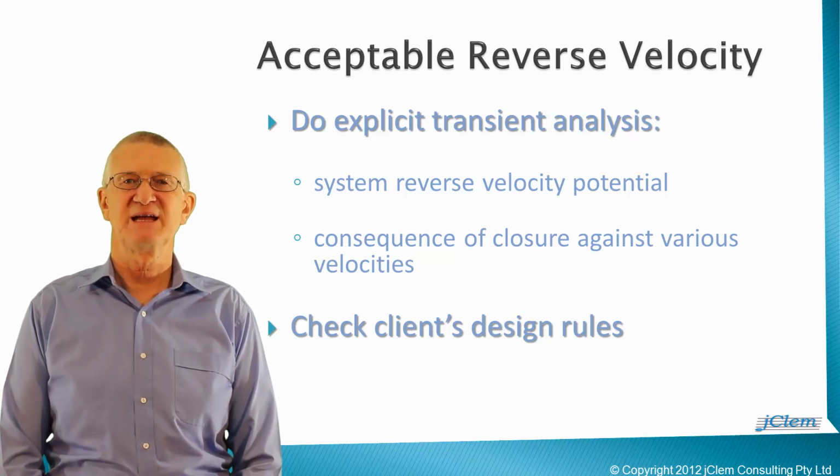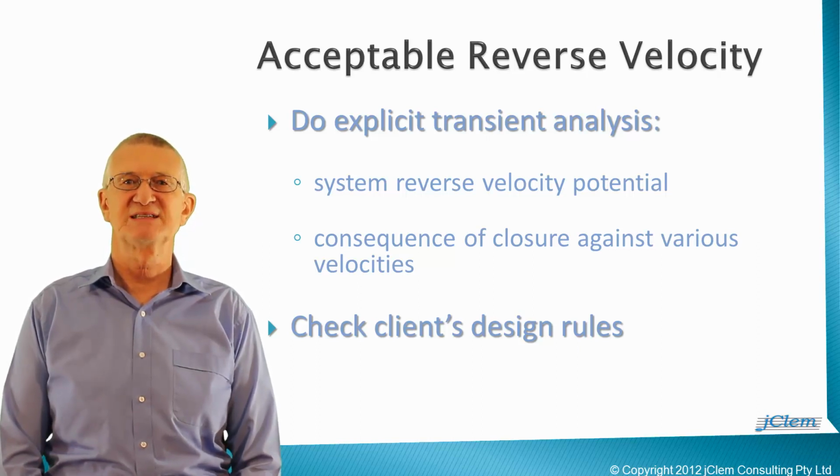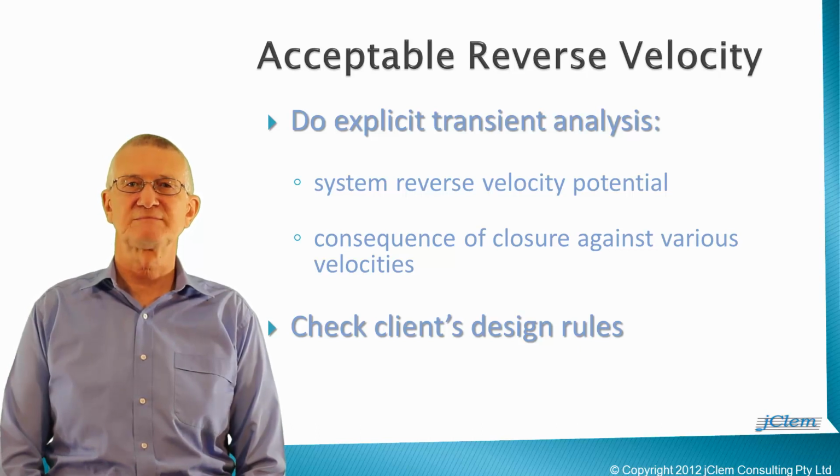By explicitly, I mean performing a range of transient analyses, similar to those shown in the previous lesson. The aim being to understand the size of reverse velocities the system can generate, the fluid deceleration rates the system can create, plus the consequences of non-return valve closure against various reverse velocities.